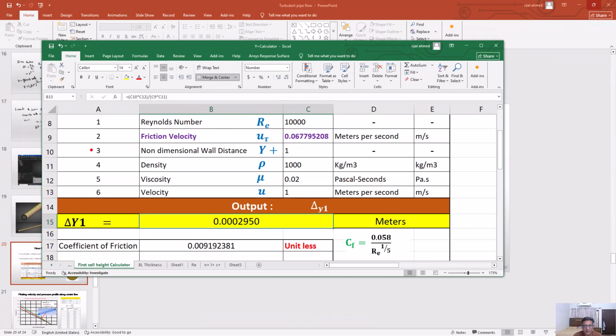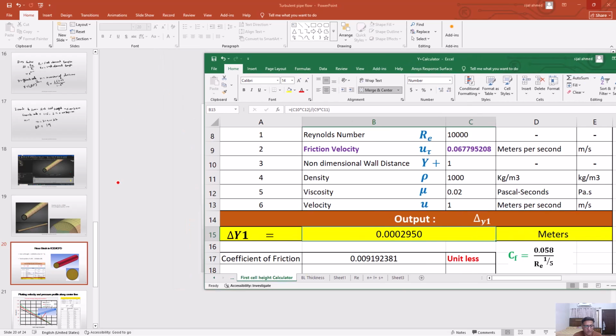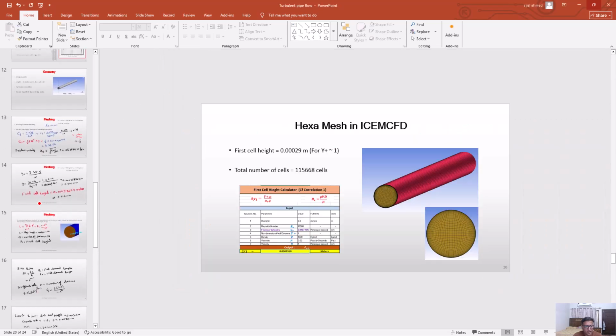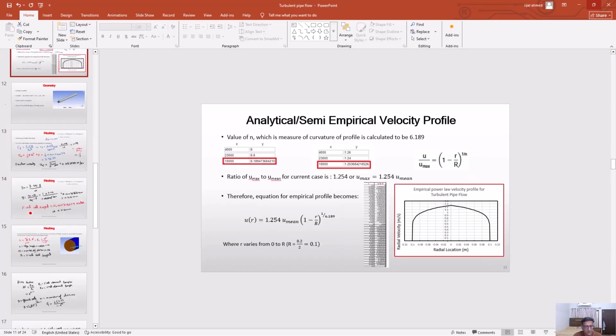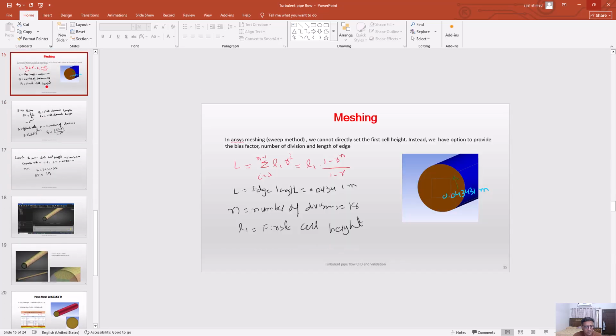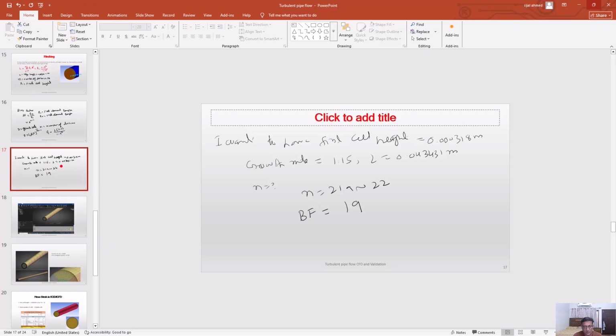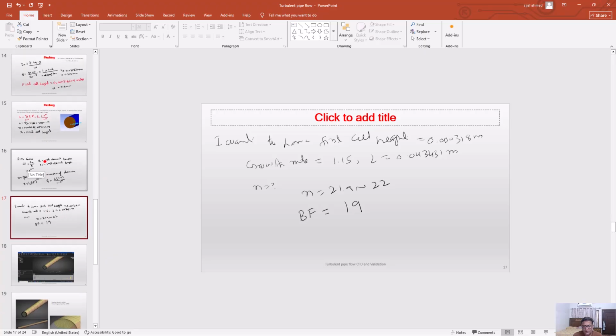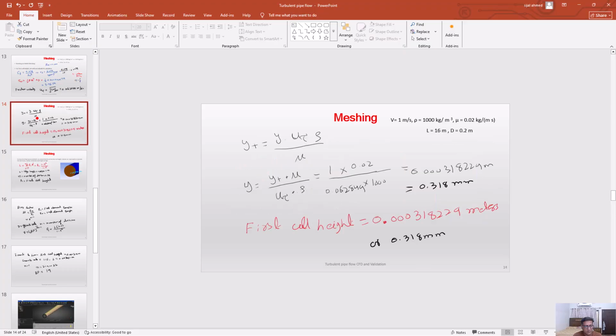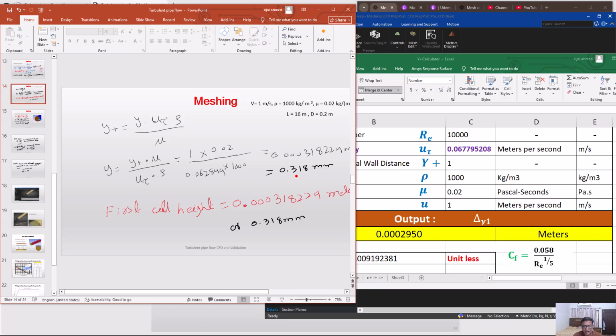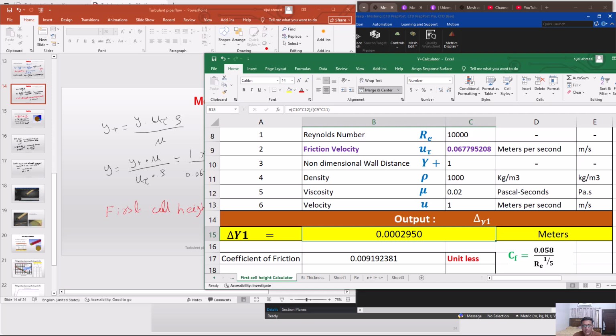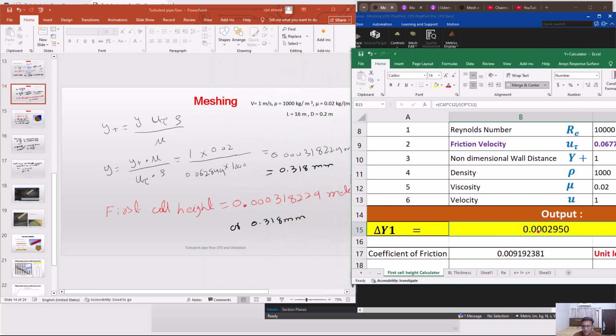So how much change is there between that formula and this formula? The difference is 0.318 millimeters, and here I am getting the value of 0.2950. So 0.2950 and 0.318 are almost close.